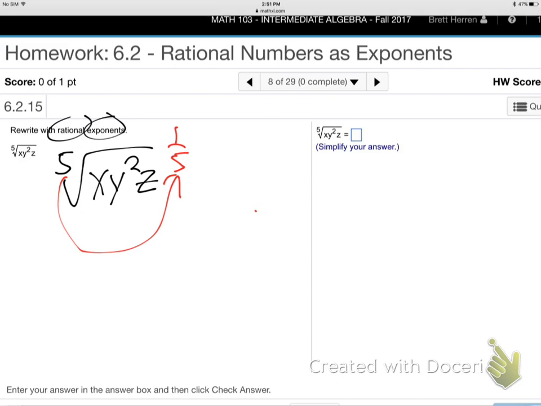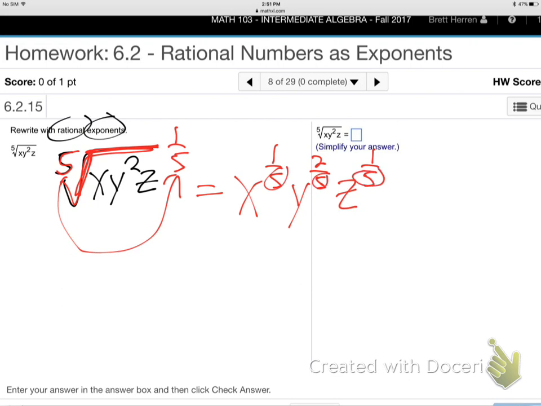Well, let's just do it this way. It'll become x to the 1/5, y to the 2/5, z to the 1/5, done. Do you see how it put a 5 denominator power for x, y, and z? Because the root was over all 3, x, y, and z. So the 5th root is a 5 denominator power for all 3.